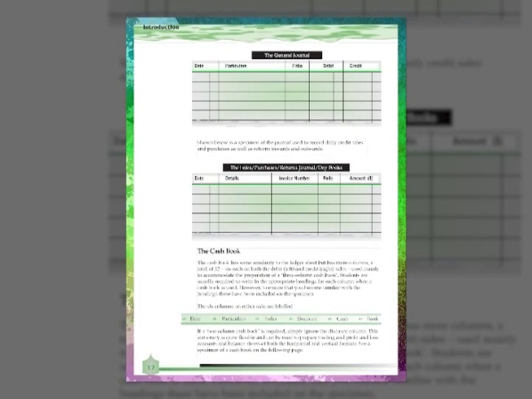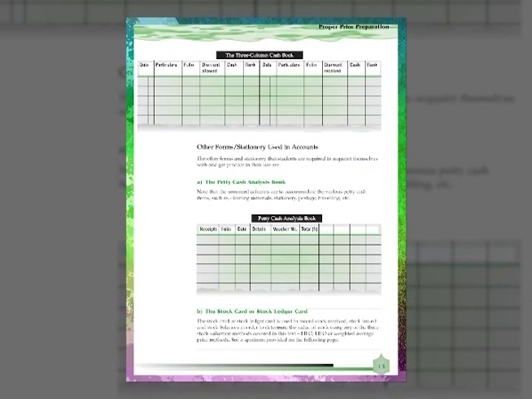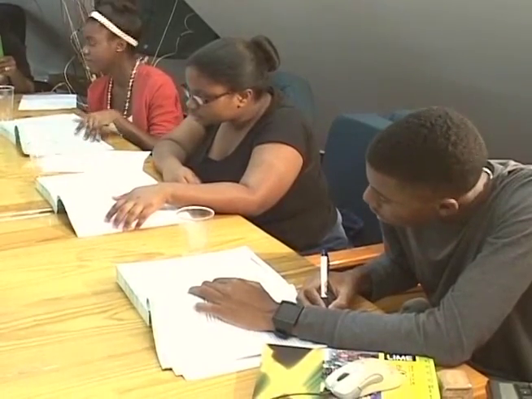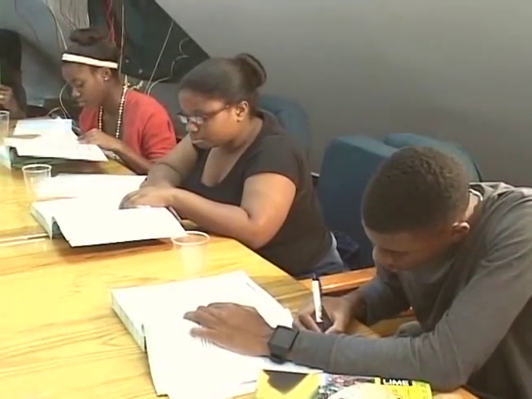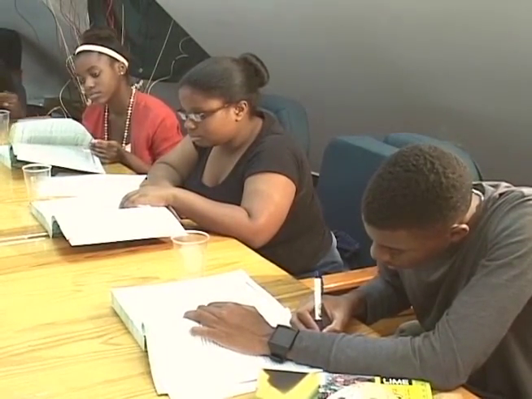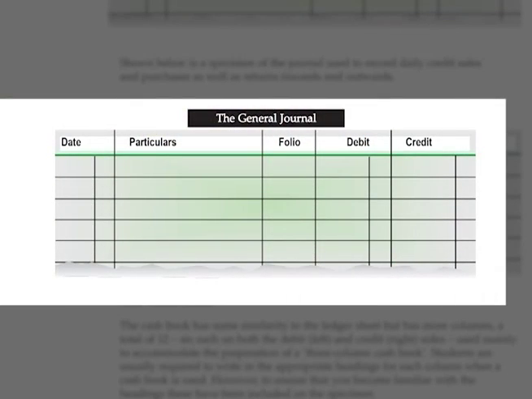And you will see a series of stationery. The reason why I mention that is because sometimes in the CSEC exam, you are provided with the stationery. And one of the stationery you could be provided with is the journal sheet, and you're asked to make journal entries.